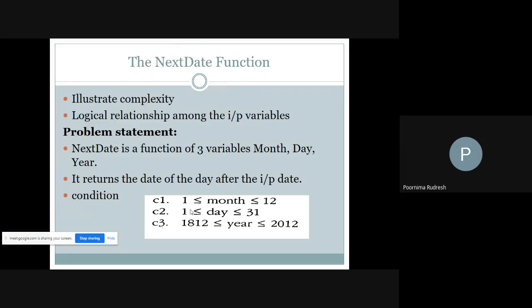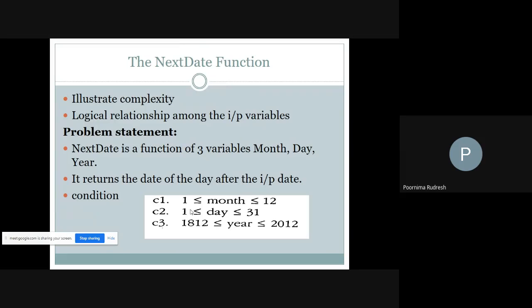Only these 200 years of data we are considering. So these conditions are defined for the next date function problem. One is the month should be between 1 and 12, the date between 1 and 31, and for years, 200 years are considered.